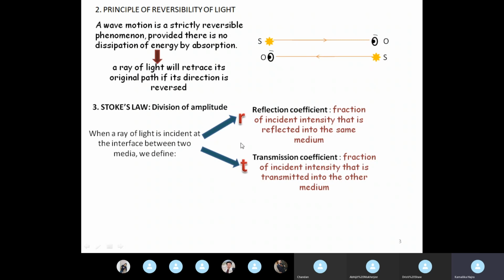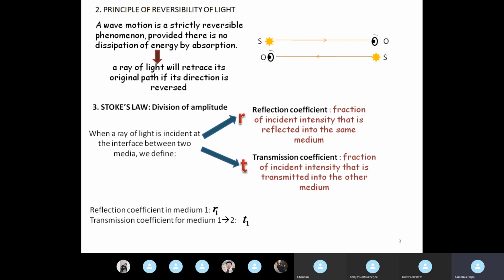These are not done in high school, although you do reflection and transmission and why objects are opaque and transparent, but this is the factor that decides whether a particular material will be opaque or transparent.